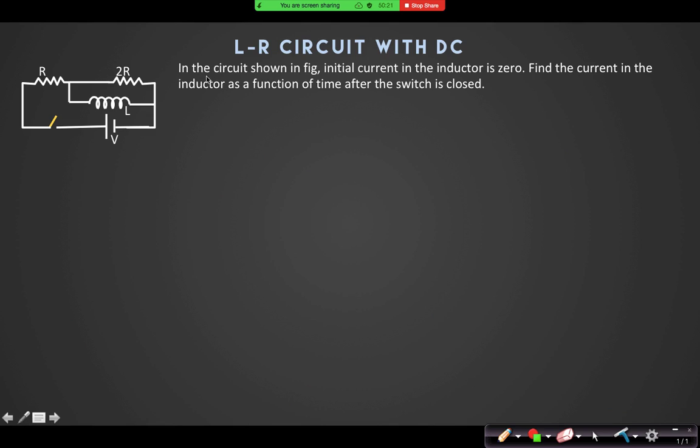Okay, look. Now we will talk about the LR circuit with a DC source. As we have seen, any current in the circuit can also be written as A plus B e power minus t by tau, yes or no, where tau is equal to L by R. So similarly we can solve.